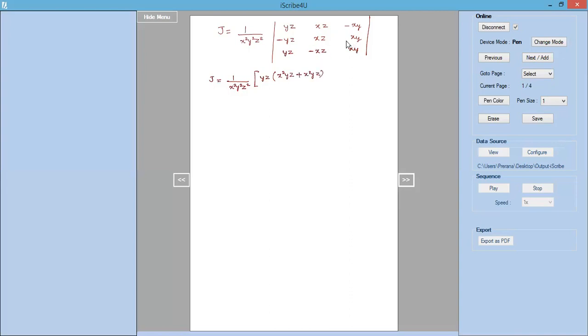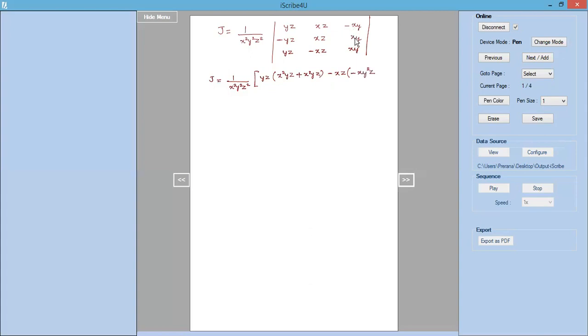We already have a minus sign in this product. While expanding this determinant 2 cross 2, we get another minus sign. That is why it becomes plus. The middle term has minus xz multiplied by minus yz into xy. So that gives us minus x y square z, minus x y square z.